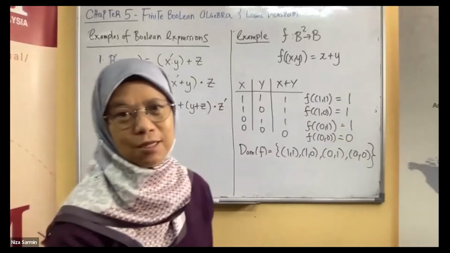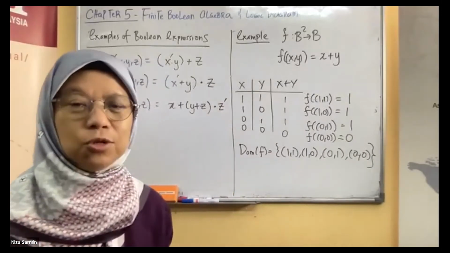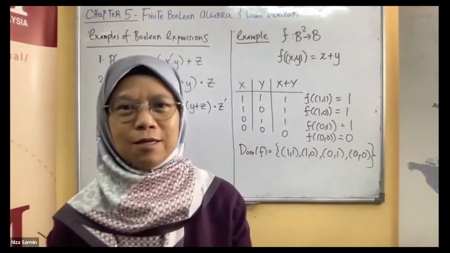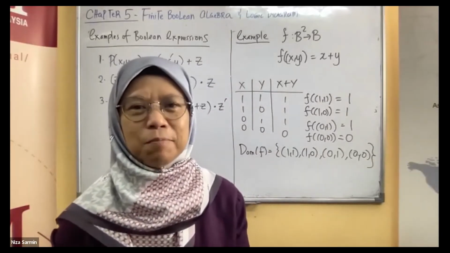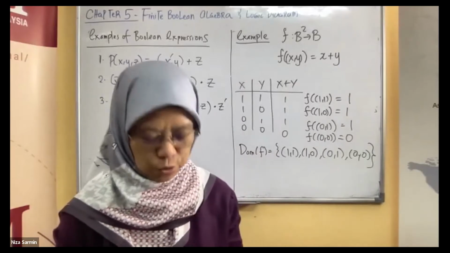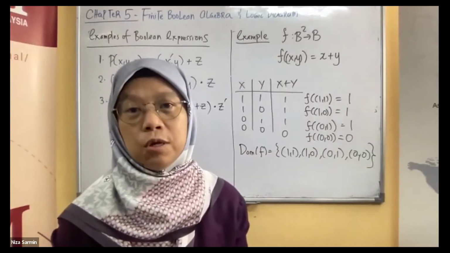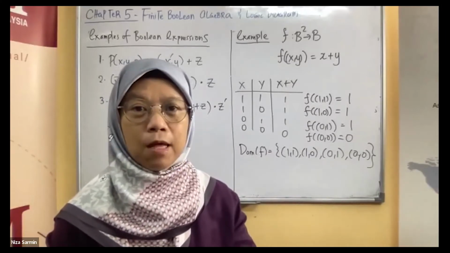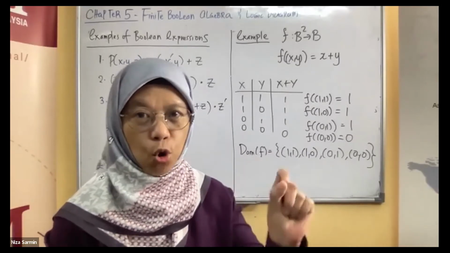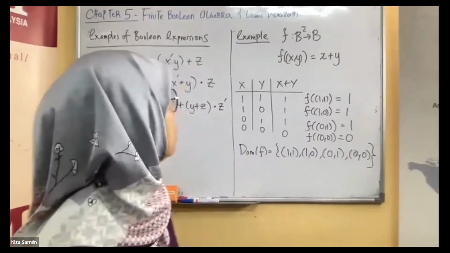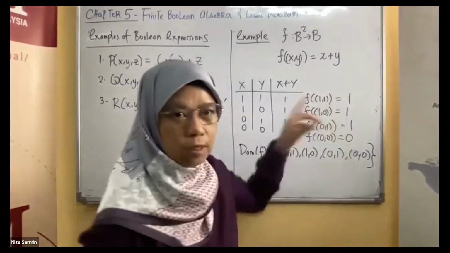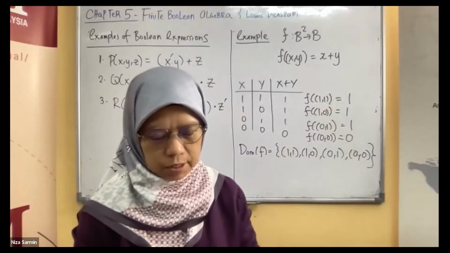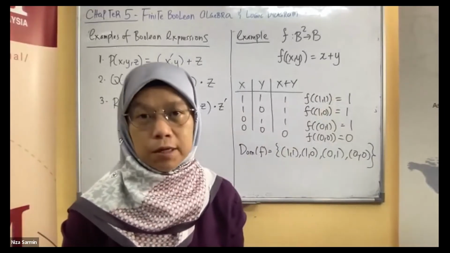Because that is how the truth table is. Don't get confused with the real plus, because this is the Boolean, okay, or. And the AND is the same thing, so I'm not going to go to the AND. And this table is called the truth table.